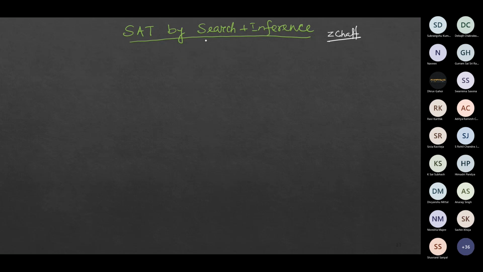Now, before going to this search and inference combination, let us try to see a limitation of DPLL, right? So let us try to talk about the limitation of DPLL, and actually that will give us the basis of designing these kind of algorithms, right? So the basic limitation of DPLL is that it is based on something what we call as chronological backtracking.